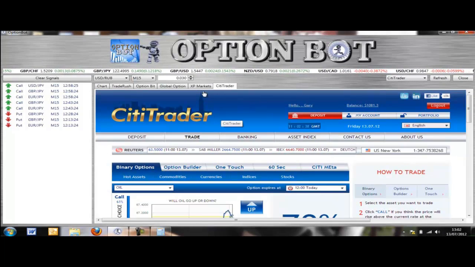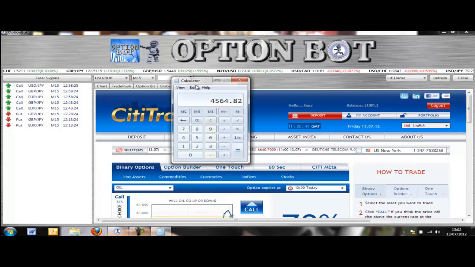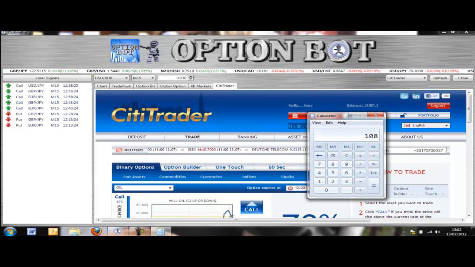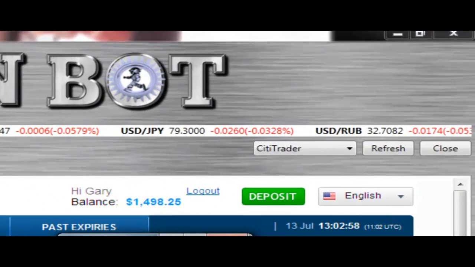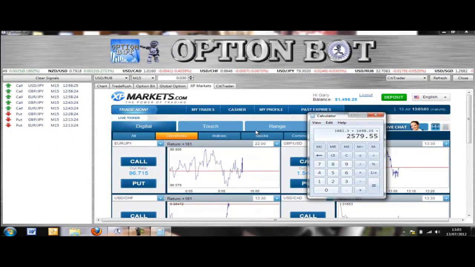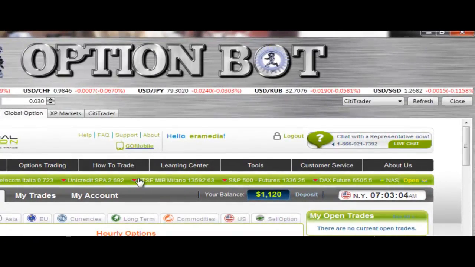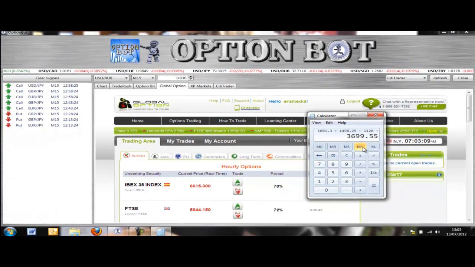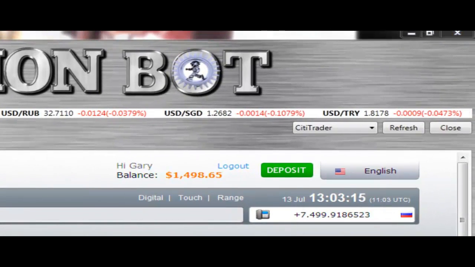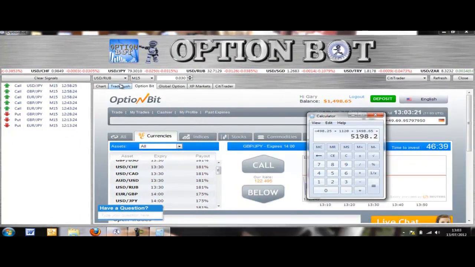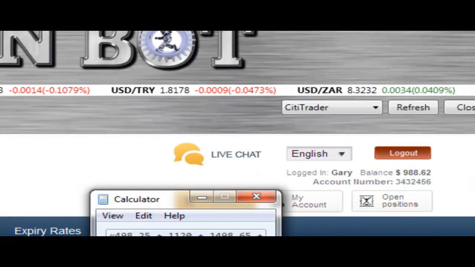So I'll bring up the desktop calculator. We started off with a cumulative balance of $4,564.82 as you can see here. So it's $1,081.30 with CityTrader, $1,498.25 with XP Markets, $1,120 with Global Option, $1,498.65 with OptionBot, and finally $988.62 with TradeRush.